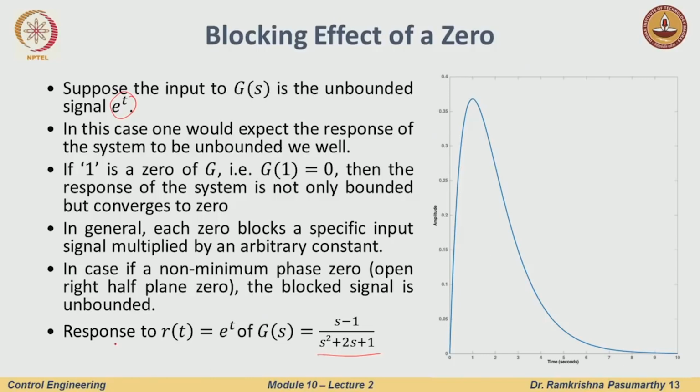Okay. So this is one strange thing. What we had left out while discussing stability is what about unbounded inputs? Well, unbounded inputs could also result in bounded outputs under certain conditions here. But the system is naturally stable because the poles of the system are always in the left half plane.